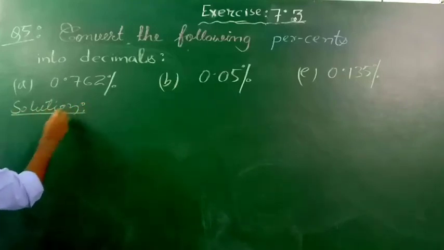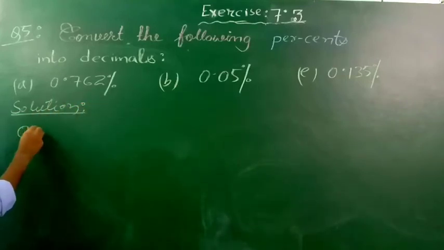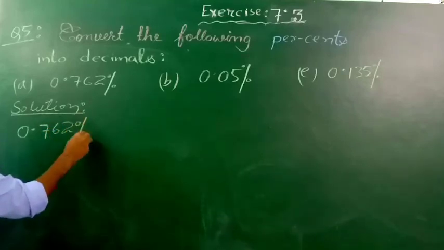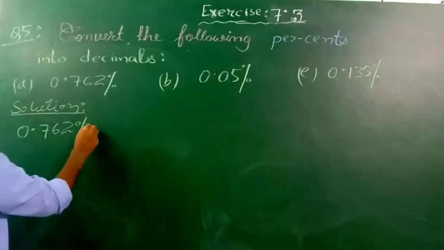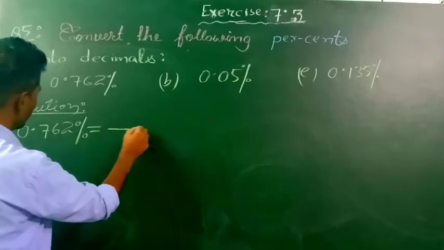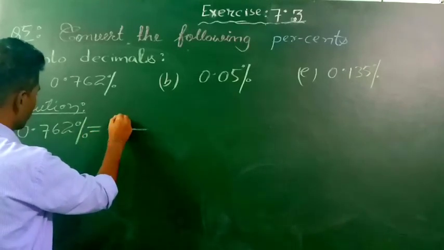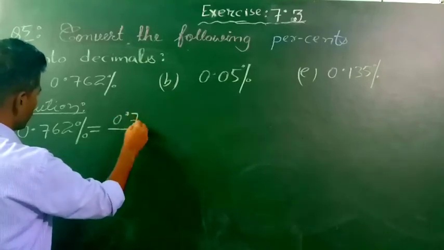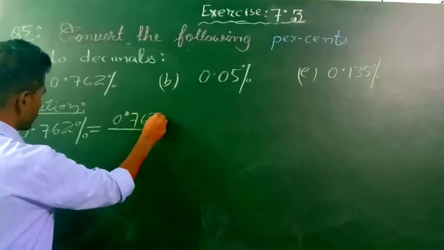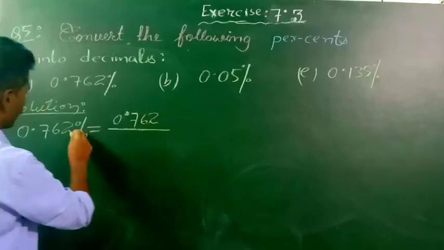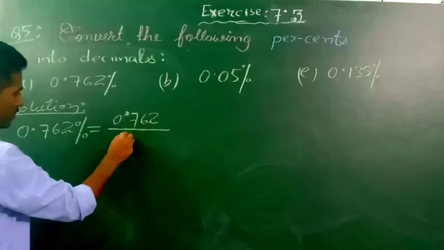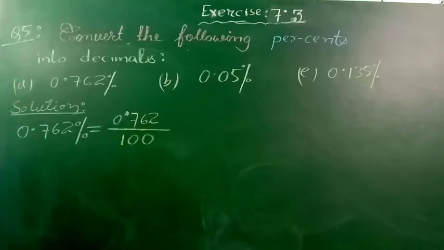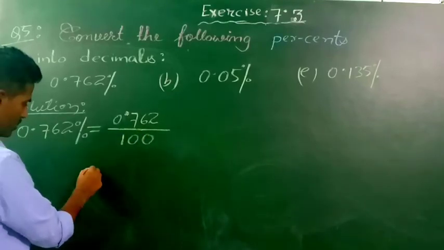Okay, our question is 0.762%. Okay, we know 0.762% means 0.762, and for this percent we'll write here 100. Now see, it's so easy.